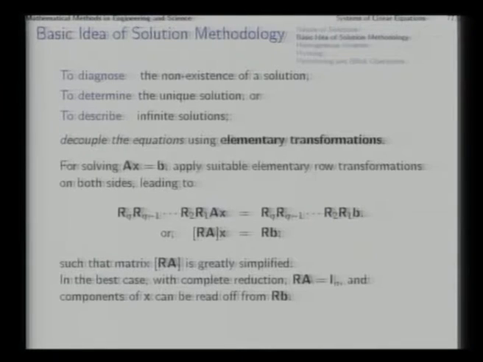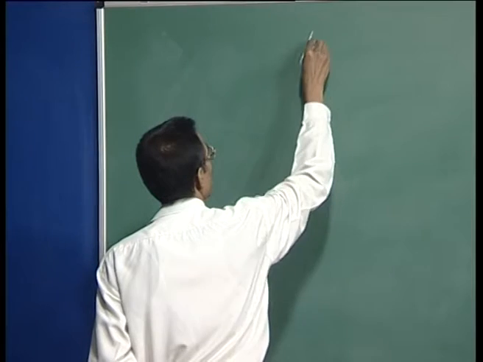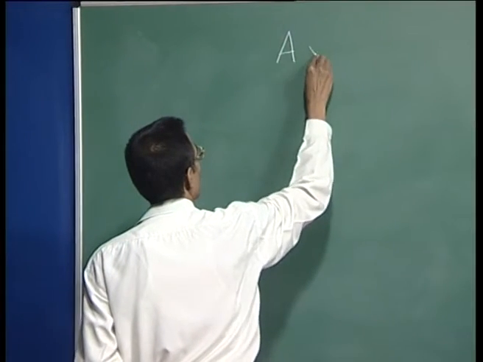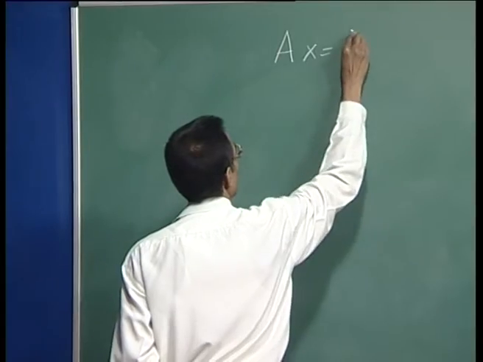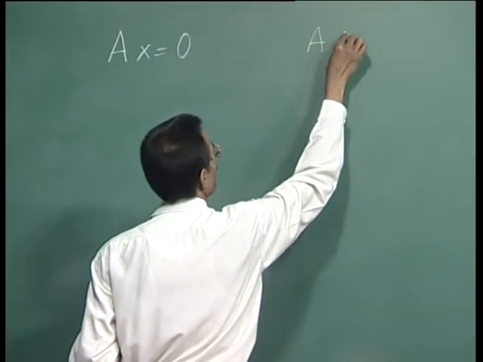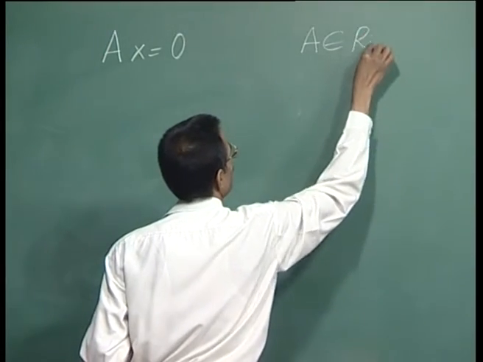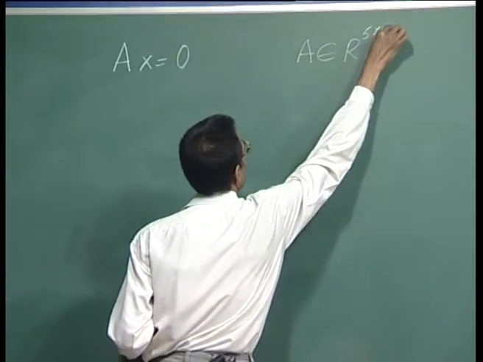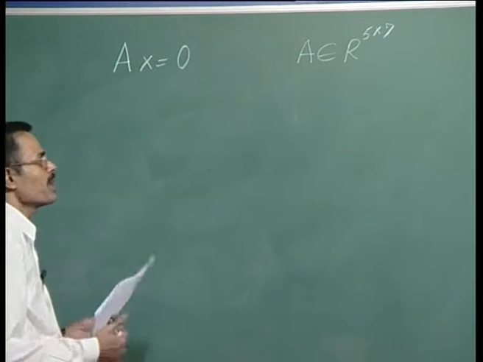For that, we take the problem of finding the solution of this system, in which A is of size 5 by 7. It is a rectangular matrix.